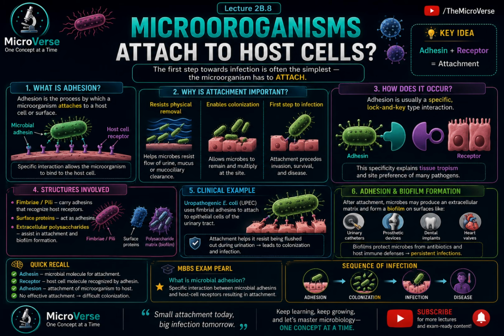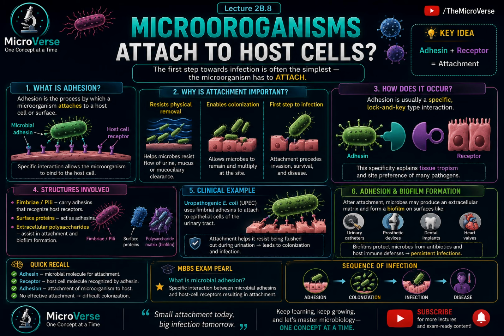So, how does the attachment occur? The interaction between an adhesin and its receptor is often highly specific. You can think of it as a lock and key type of interaction. The microbial surface carries an adhesin. The host cell presents a suitable receptor. When the two recognize each other, the microorganism can attach to the cell.